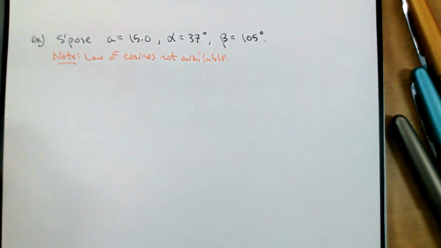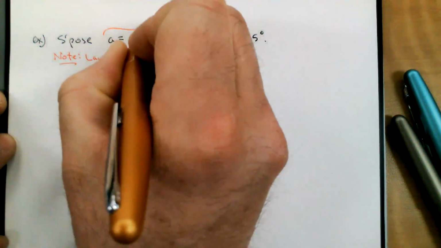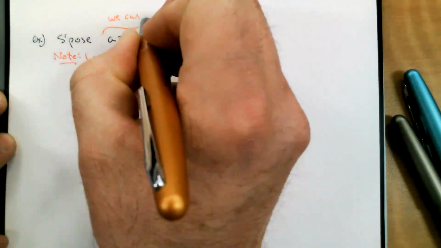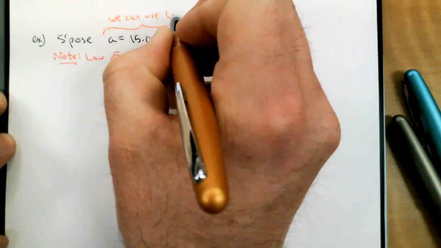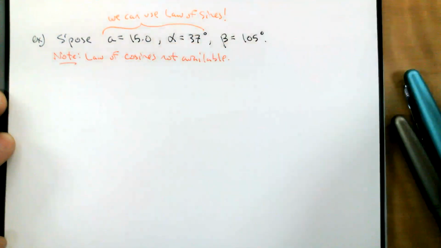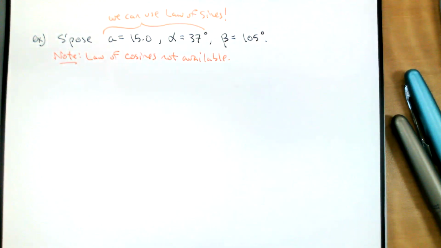So the A and the alpha means we could use the law of sines. But we're given two angles, so we should subtract to find the third one.